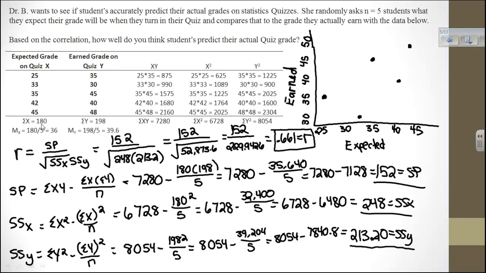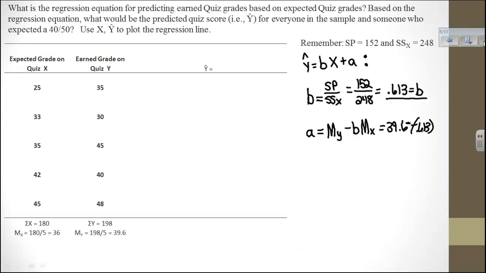And the mean of x, 180 divided by 5, is 36. So this becomes 39.6 minus 0.613 times 36, which gives you 22.068. And you end up with an a of 17.532.